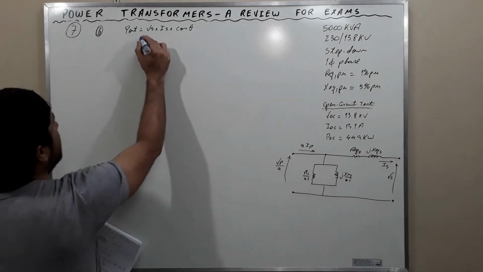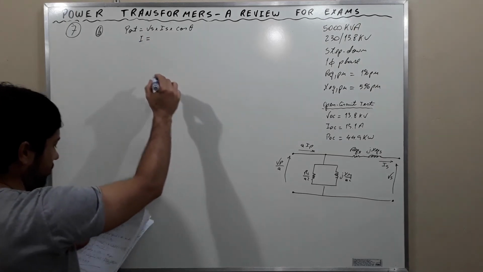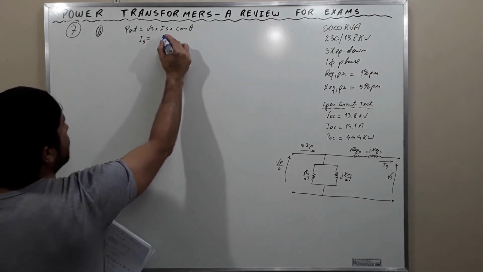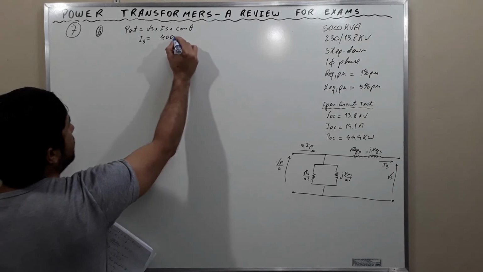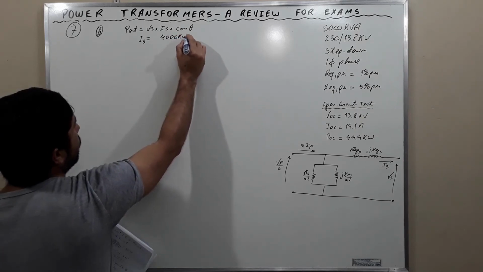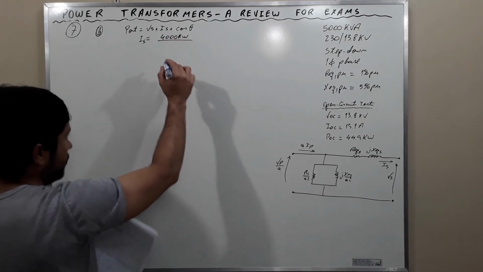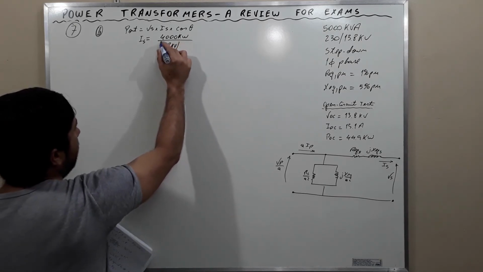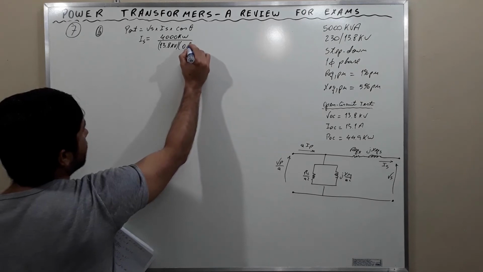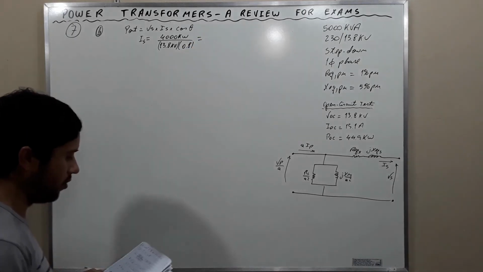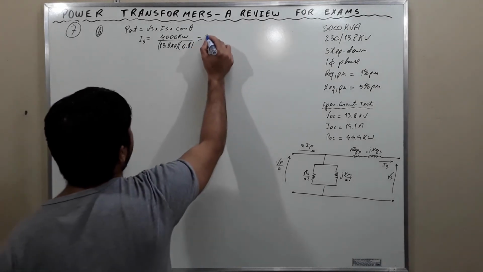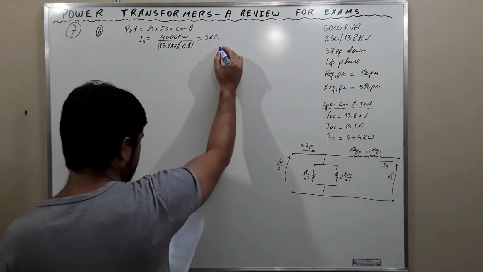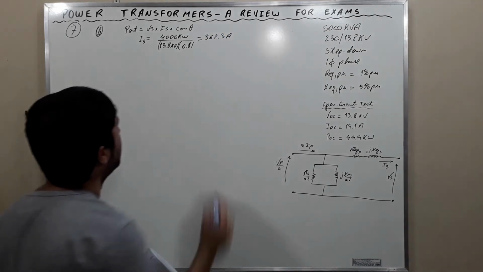To find the current, we use the values: 4000 kilowatts divided by the voltage 13.8 kV times the power factor, and this gives a value of 362.3 amperes.